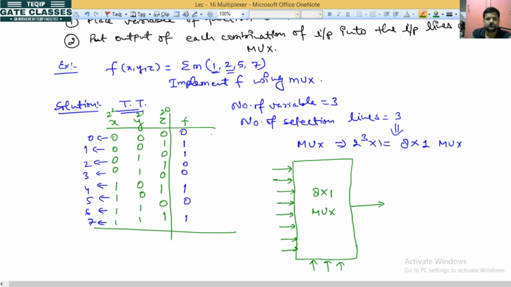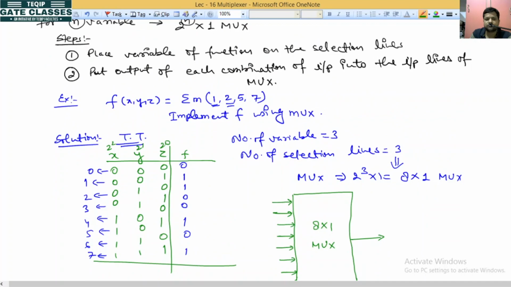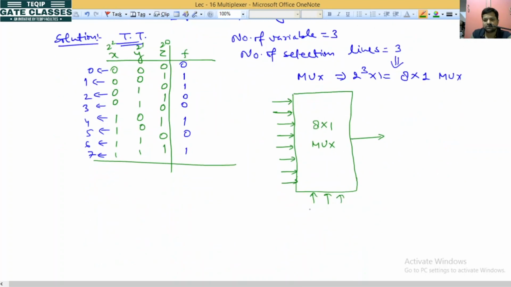So what are the steps? Place the variables of the function on the selection lines. How many variables are there? We have 3 variables, so put those 3 variables on the selection lines, that is x, y, z.